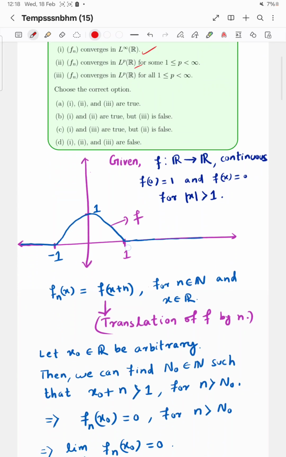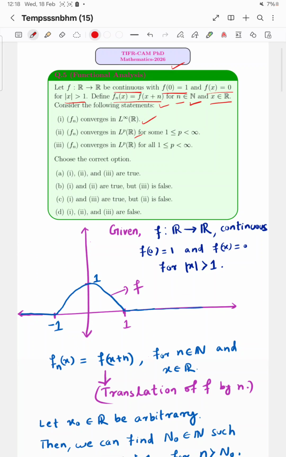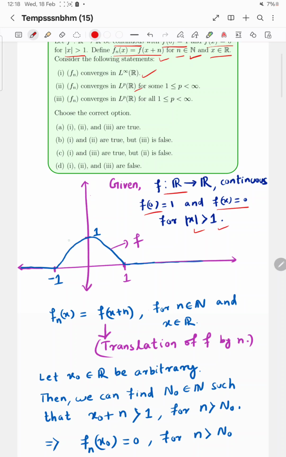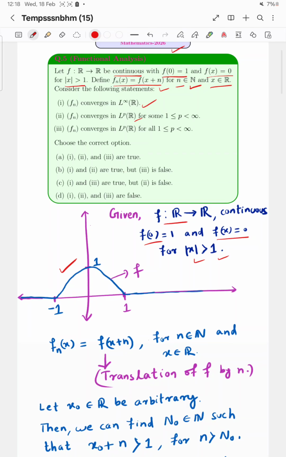So in the question given, f is a continuous function and f(0) = 1, and f(x) vanishes whenever the modulus of x is strictly greater than 1, and an example of such a function looks like this. The f_n(x) are nothing but the translations of this function, meaning f(x + 1) will be translated like this.